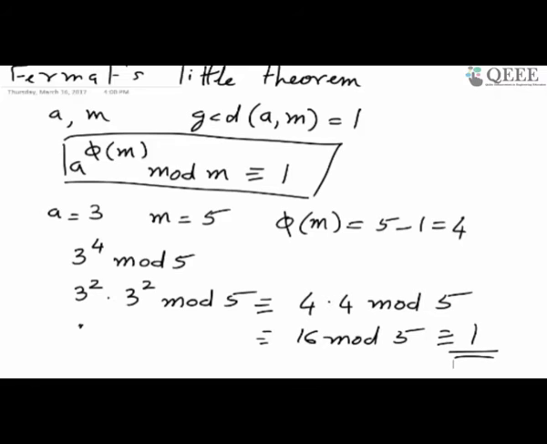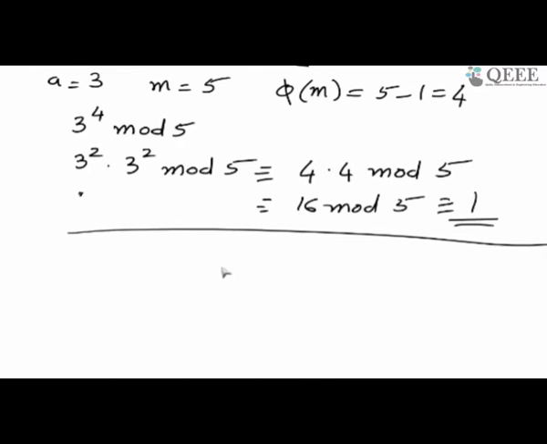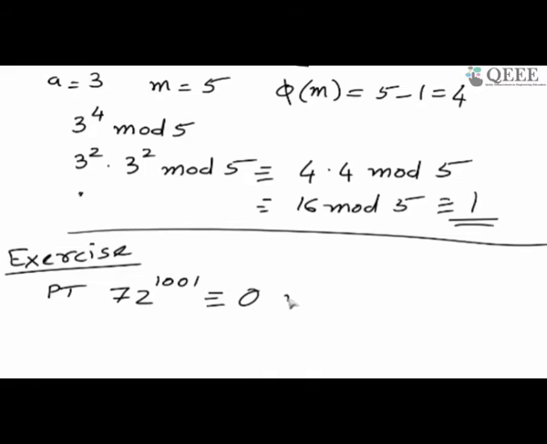Okay. Now, another exercise for you based on this particular theorem is to prove that 72 to the power of 1001 is congruent to 0 mod 31, or in other words 31 divides 72 to the power of 1001.